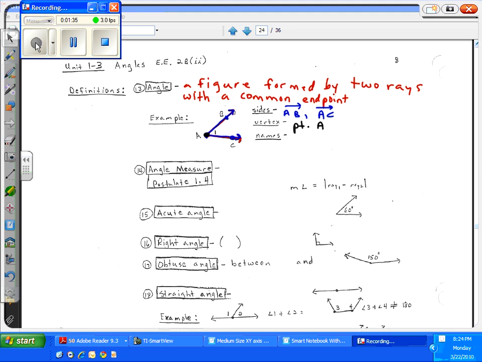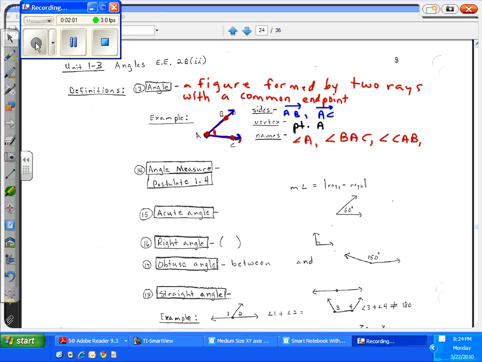You can name an angle by its vertex if it is the vertex of only one angle, as this one is, so we could call this angle A. We could name it by a point on one side, then the vertex in the middle, and then a point on the other side, so we could call it angle BAC. Or we could start on the other side and call it angle CAB, again with the vertex in the middle.